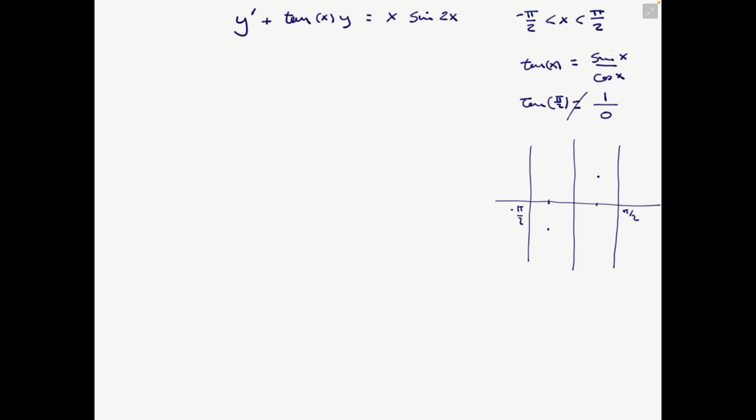And the curve looks like this for a tangent function. They go asymptotically.